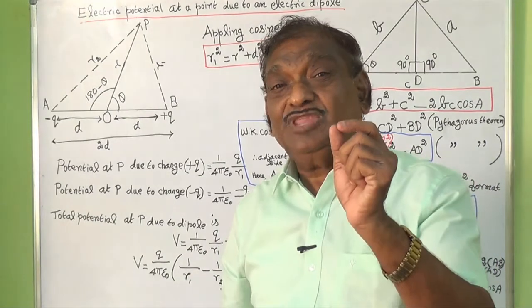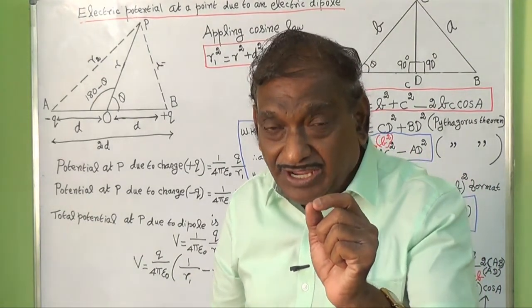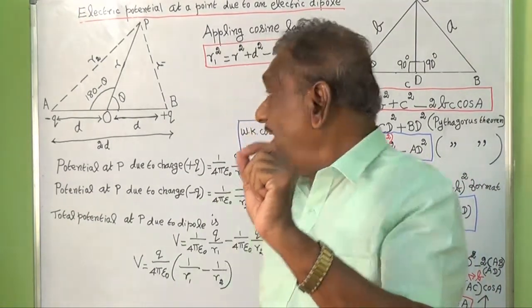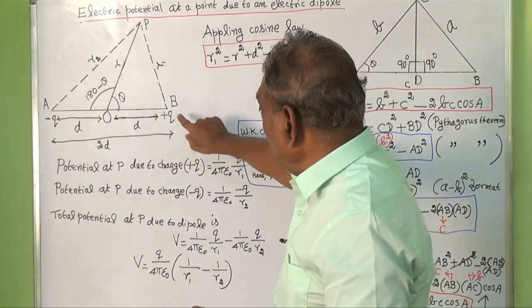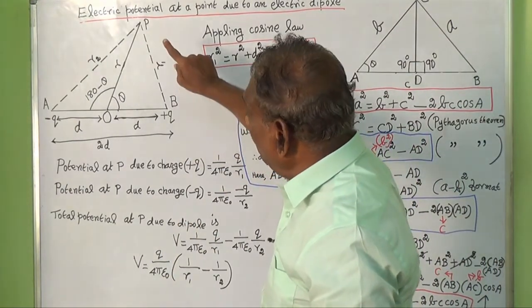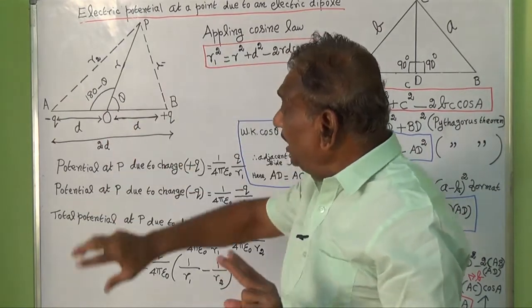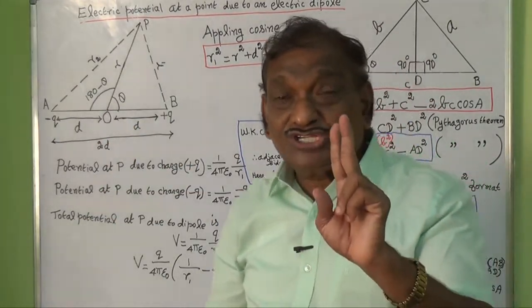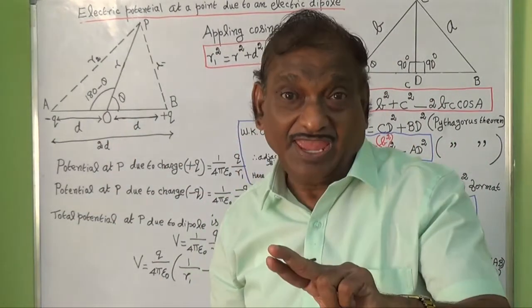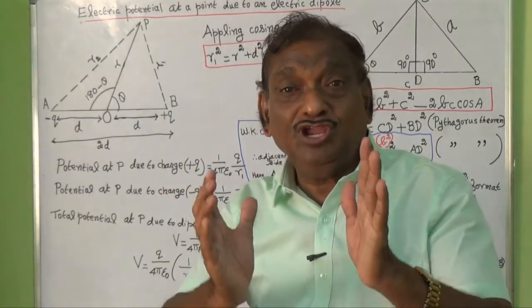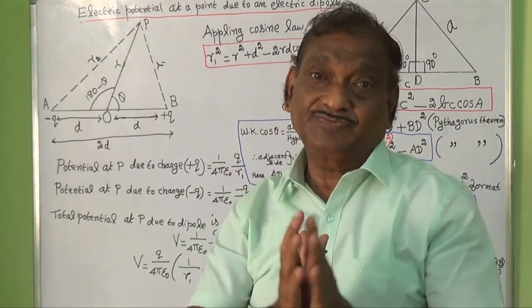In the case of a standard triangle, if we want to find the distance between plus Q and the point P, we need the measurements of two sides and the angle between those two sides.